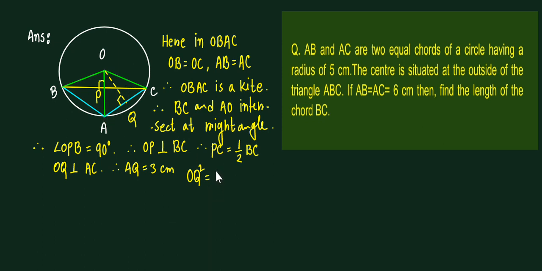So I am writing directly, OA square minus AQ square. Now if we put value, OA, the radius of the circle is given as 5 centimeters, so 5 square, and AQ we got 3, so 3 square. So finally we have 16, and therefore OQ equals to 4 centimeter.